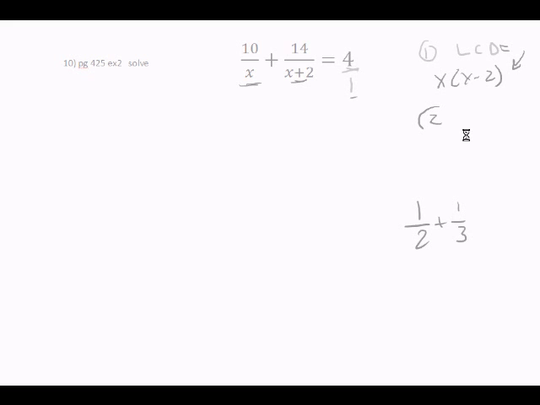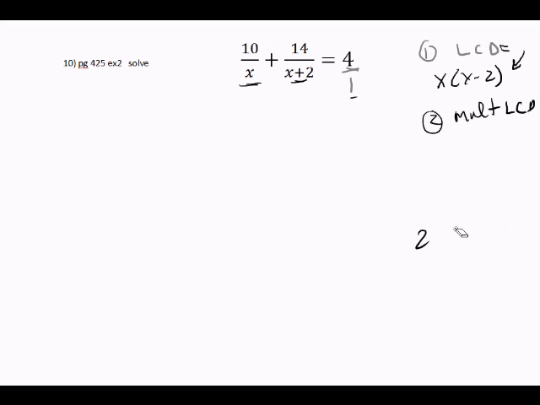So, step 1, find the LCD. Step 2, multiply. Uh-oh, hang on. My screen's going dark. Give it a chance. It doesn't like me to write on this pad for more than an hour because I'm using a lot of memory up. Step 2 is multiply each term by the LCD.